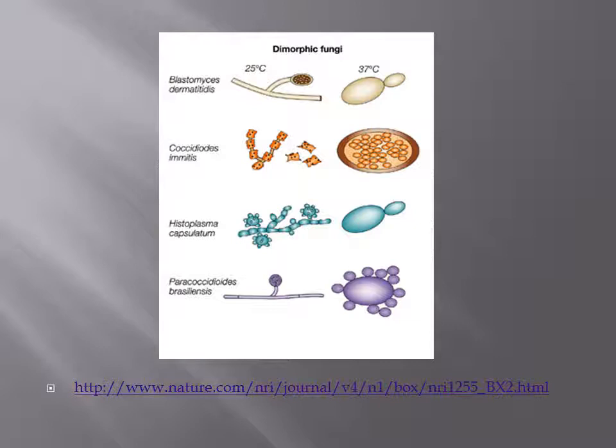So I like this one because it's emphasizing the tissue spherules for coccidioides, the barrel-shaped arthrospores. Again, this doesn't really look like a broad-based bud. I think they could have done a better job with drawing this guy. But then down here with our Paracoccidioides brasiliensis, our ship's wheel configuration.